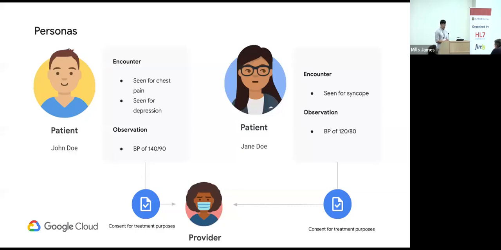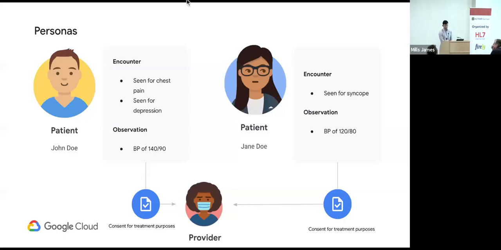Now, of course, we generally think of consent for research purposes, but we can broaden that scope to be any purpose. It could be for treatment, emergency treatment, things like that. In this initial scenario, I'll say that the patients have given consent to the provider for the purposes of treatment, so that the provider is allowed to see the patient data for the purposes of treatment.